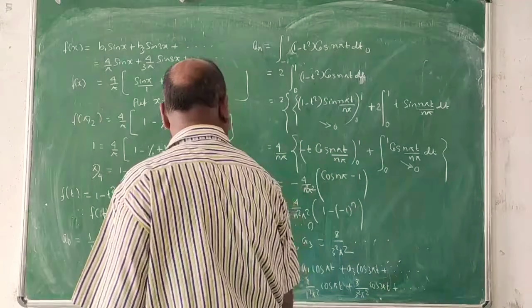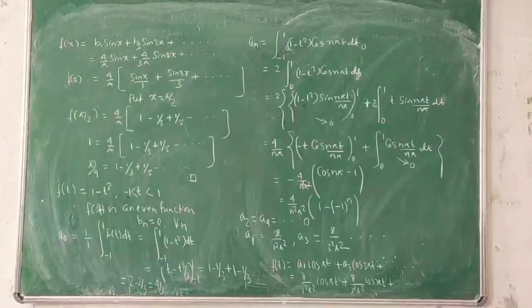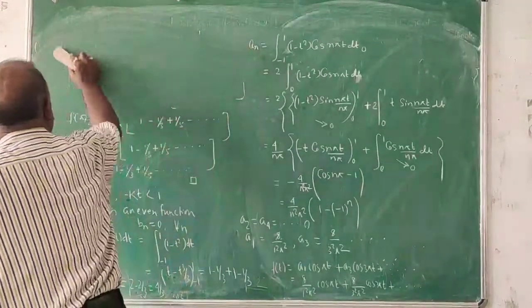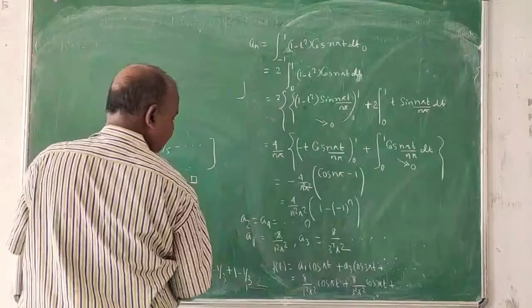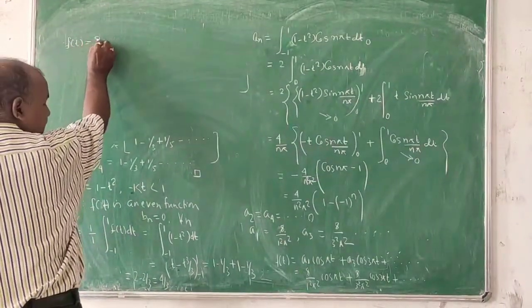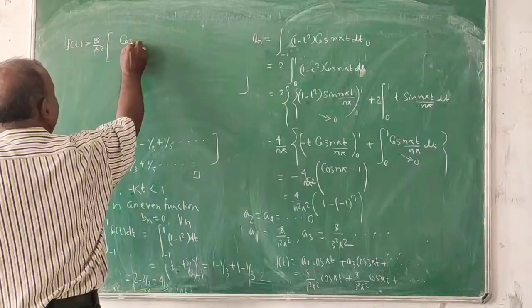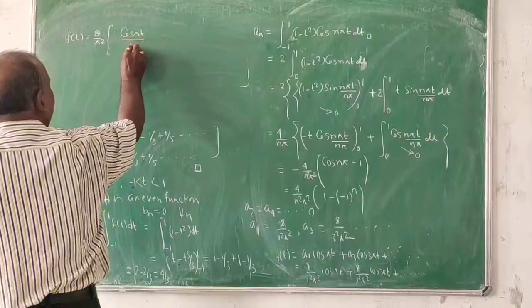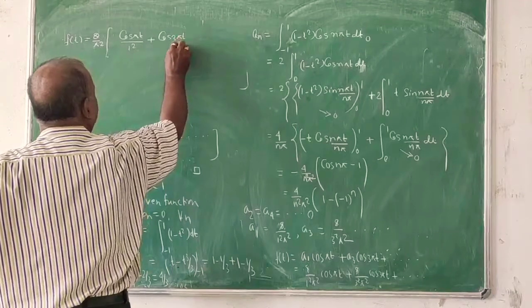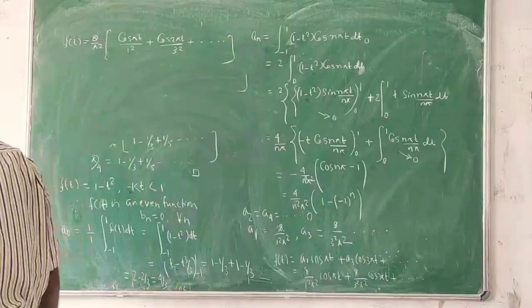This way go on, continue. Is it not? So which becomes, so you are getting f of t is equal to a naught by 2 plus 8 by pi square into cos of pi t by 1 square plus cos of 3 pi t by 3 square. So this way go on, continue.